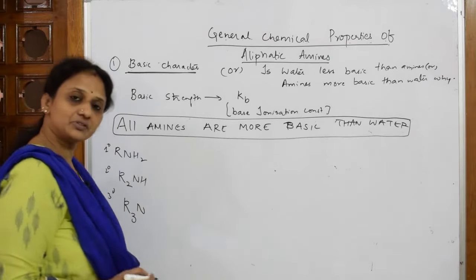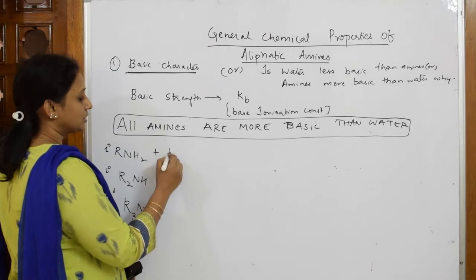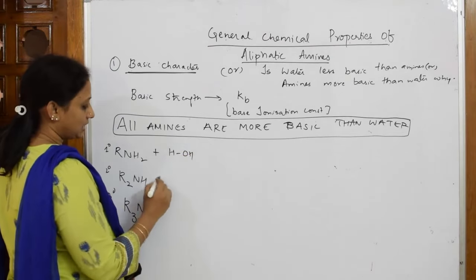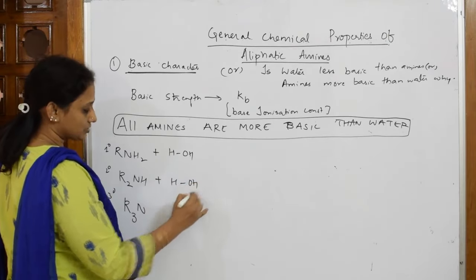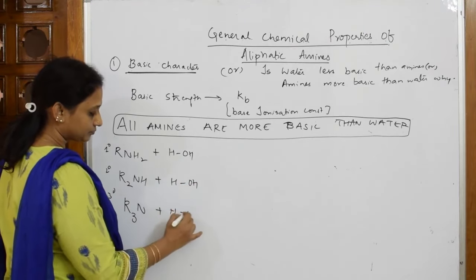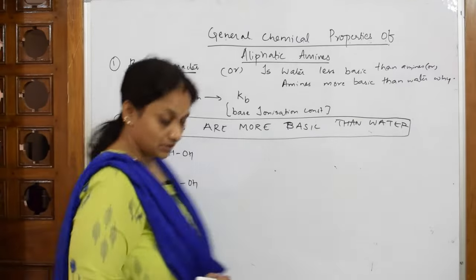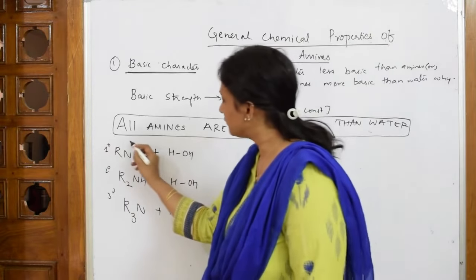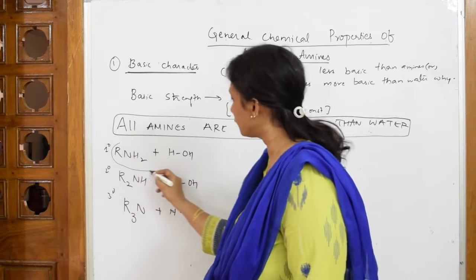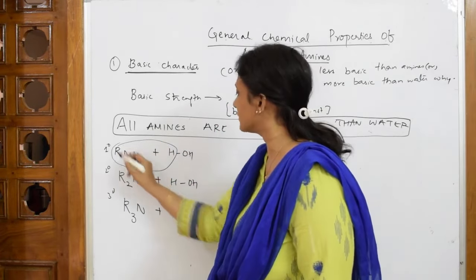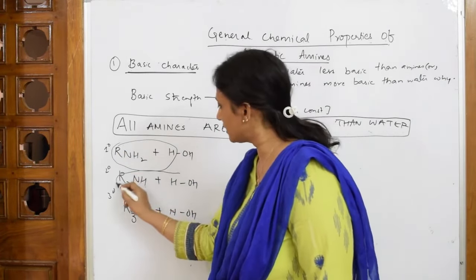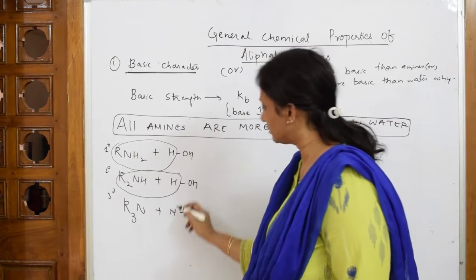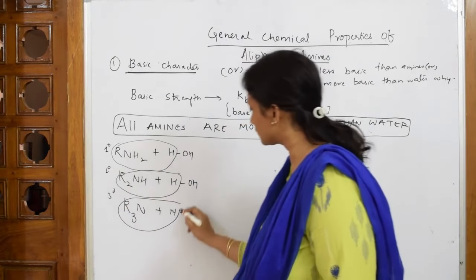Suppose I am trying to dissolve these in water, HOH. Now observe what is happening here. When you are trying to dissolve amine in water, first the amine tries to form two important compounds. Just see what I am doing. I am trying to break the bond between hydrogen and oxygen.